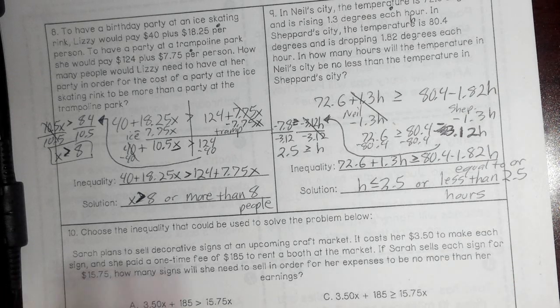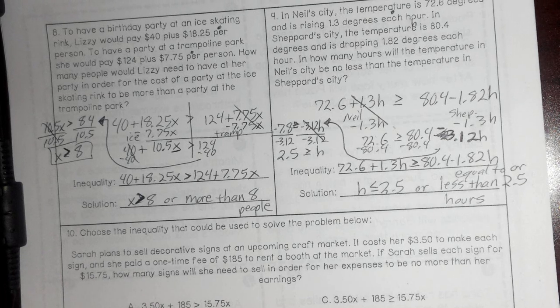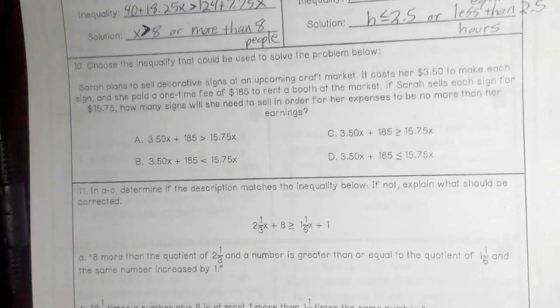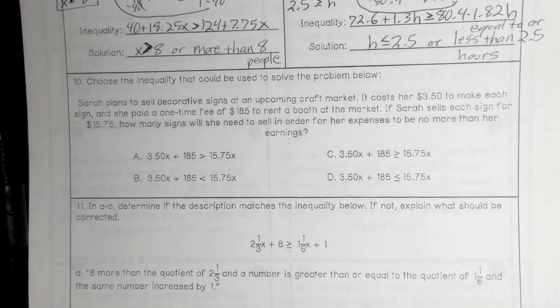Okay, so let's go to the next one. The next one says, choose the inequality that could be used to solve the problem below. Sarah plans to sell decorative signs at an upcoming craft market. It cost her $3.50 to make each sign, and she paid a one-time fee of $185 to rent a booth at the market.